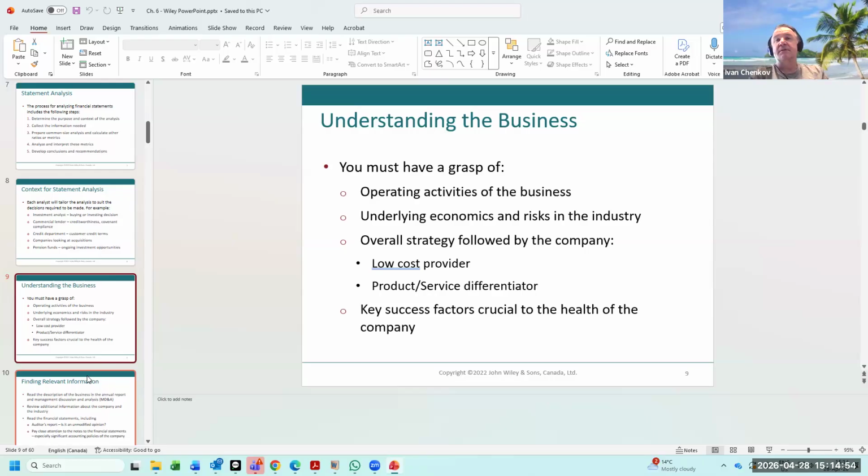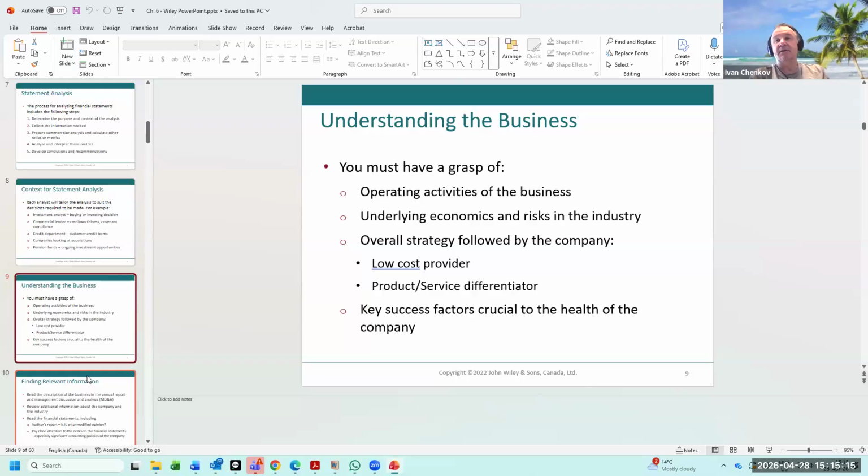Then we're going to see the overall strategy followed by the company that we're trying to analyze. Are they providing everything at low cost, or are they looking for something to differentiate themselves from every other competitor on the market? What exactly is the strategy?